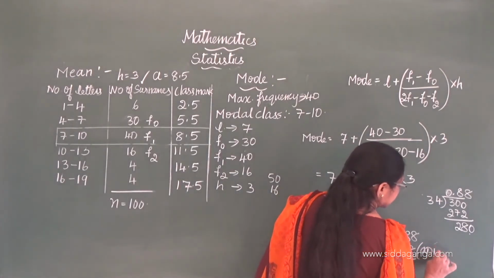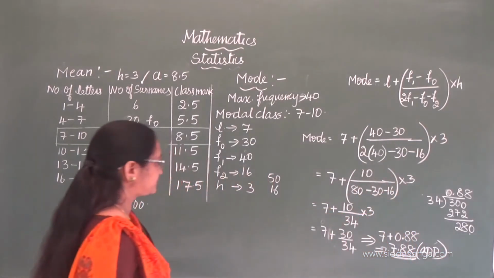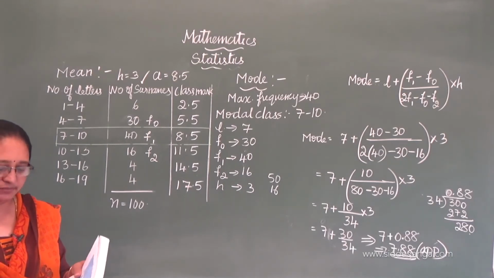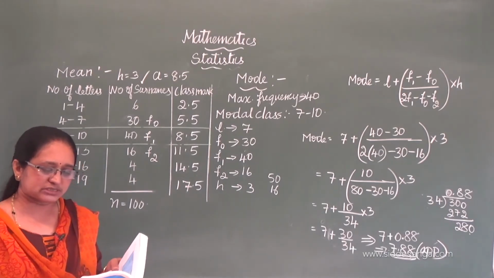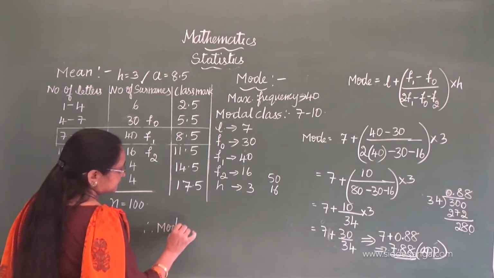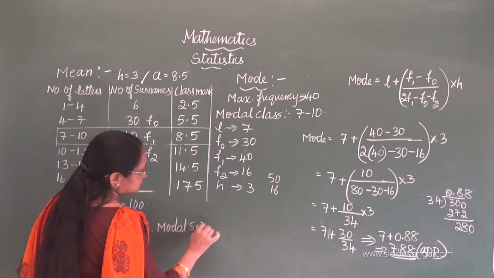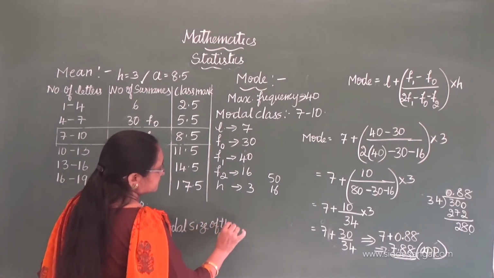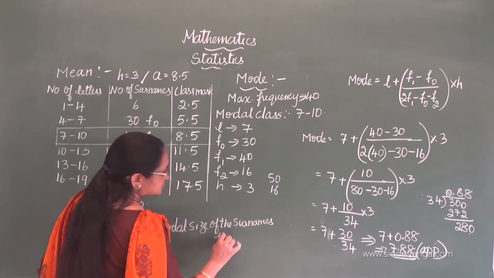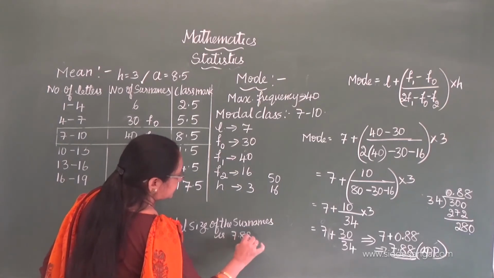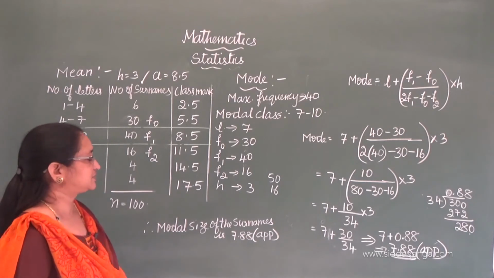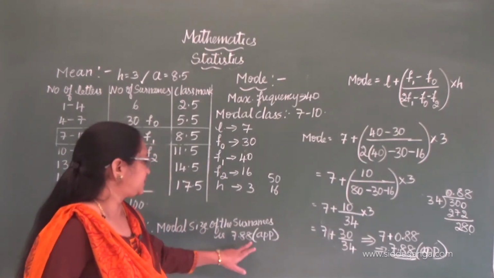You can write. Now, the conclusion for this sum, I will write here. See again the textbook, they have given, find the modal size of the surnames. So, therefore, the modal size of the surnames is 7.88 approximate.